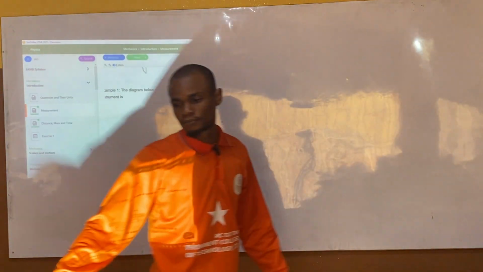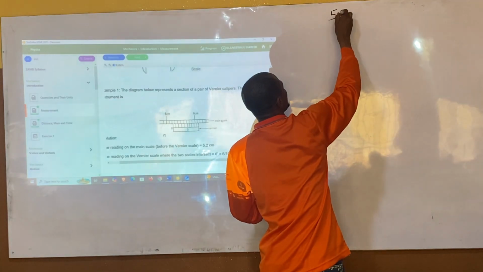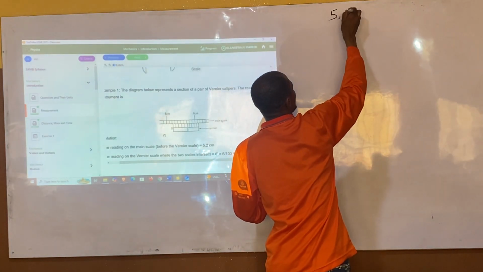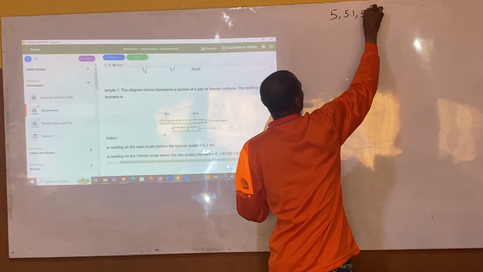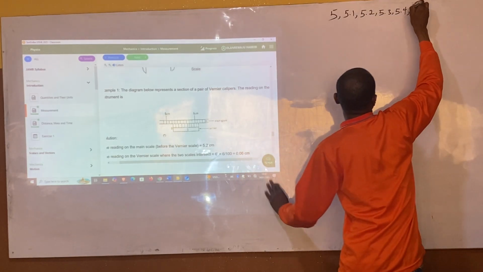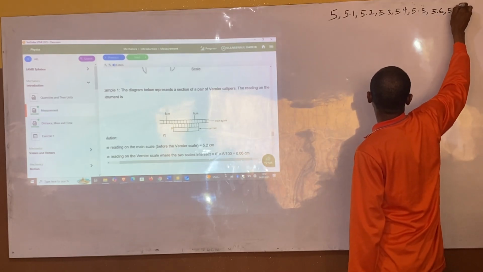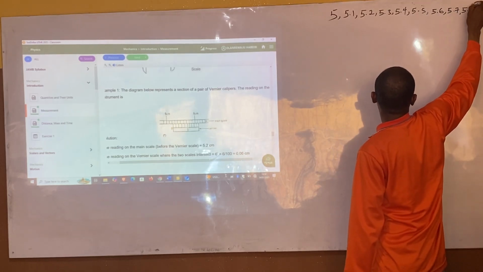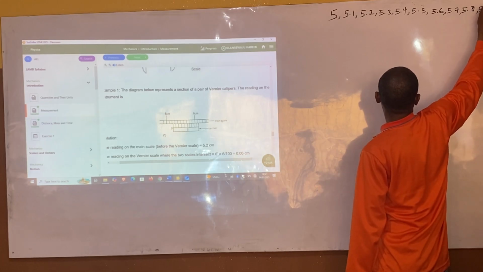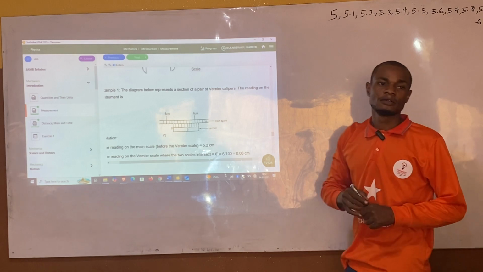So now, what are the decimal numbers between 5 and 6? 5, 5.1, 5.2, 5.3, 5.4, 5.5, 5.6, 5.7, 5.8, 5.9, then I'm having 6.